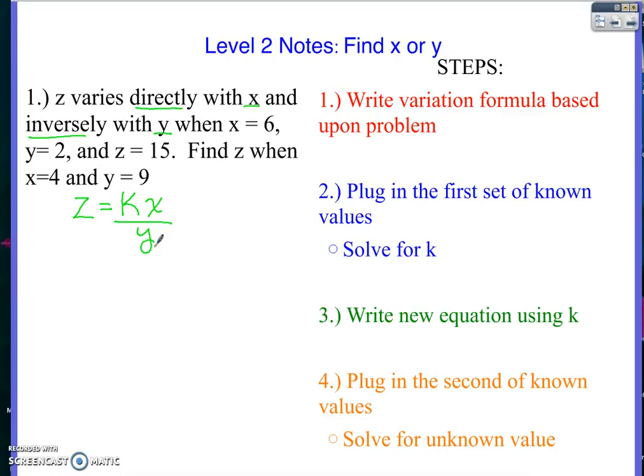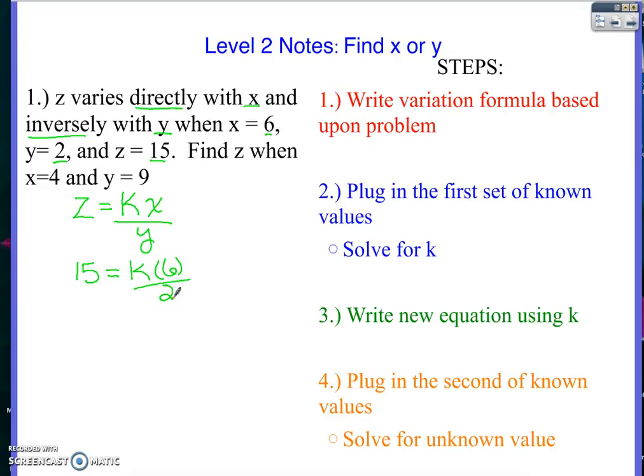Constant of variation, you only have the k written down once. So at this point, we'll go ahead and substitute in the 6, the 2, and the 15 for their respective variables. So I have 15 equals k times 6, all divided by 2.